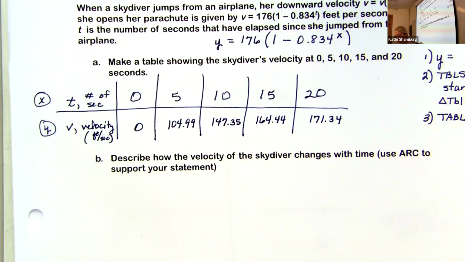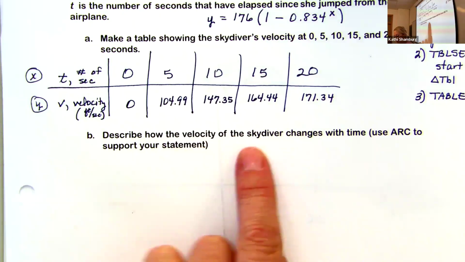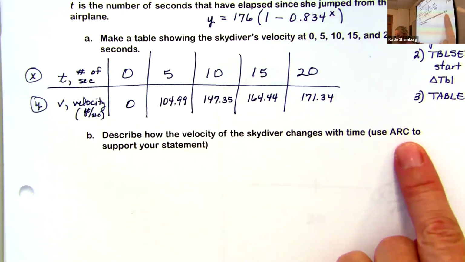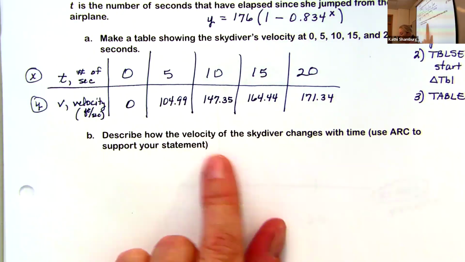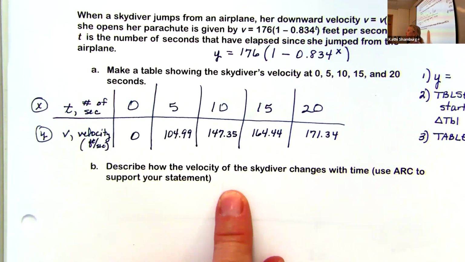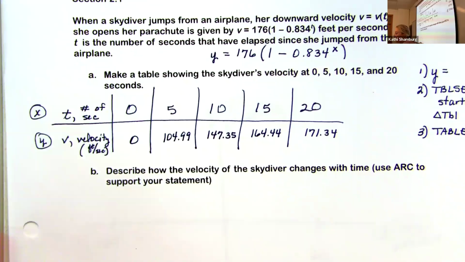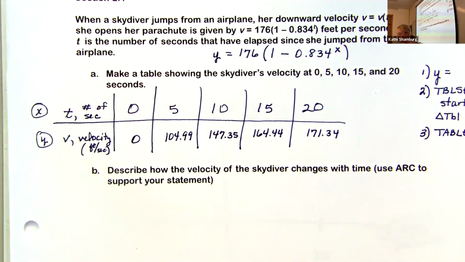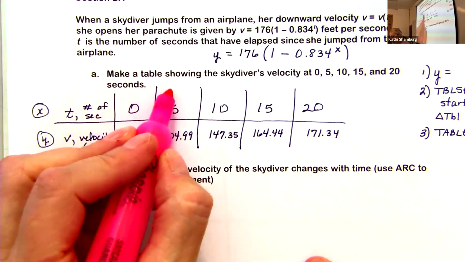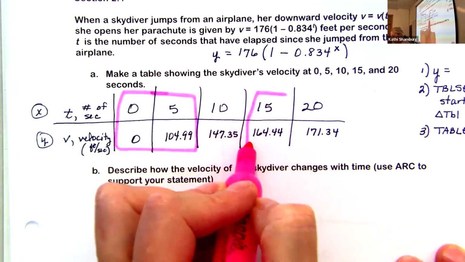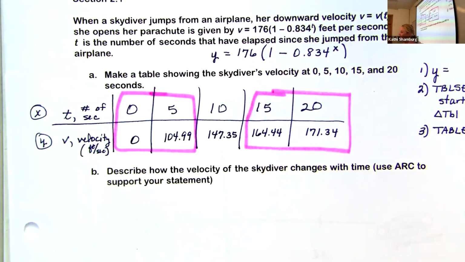All right, part B. Describe how the velocity of the skydiver changes with time using average rate of change to support this. Now, you just told me the velocity is increasing at a decreasing rate. That's what it's asking for, but it wants you to show it using average rate of change. So anytime we do that and it doesn't specify, we always choose the first two and the last two.